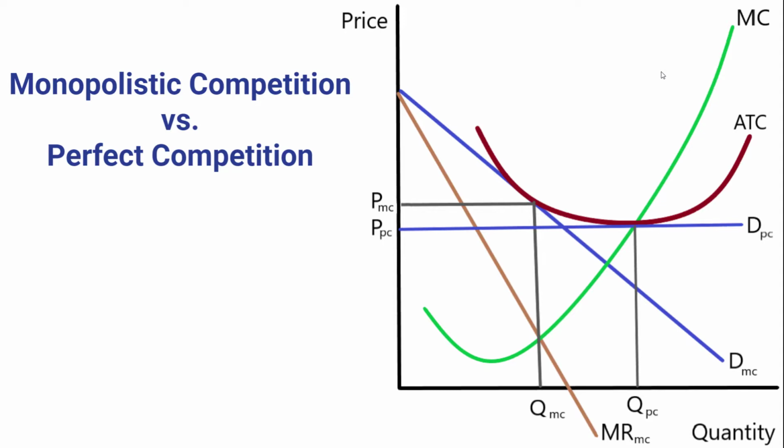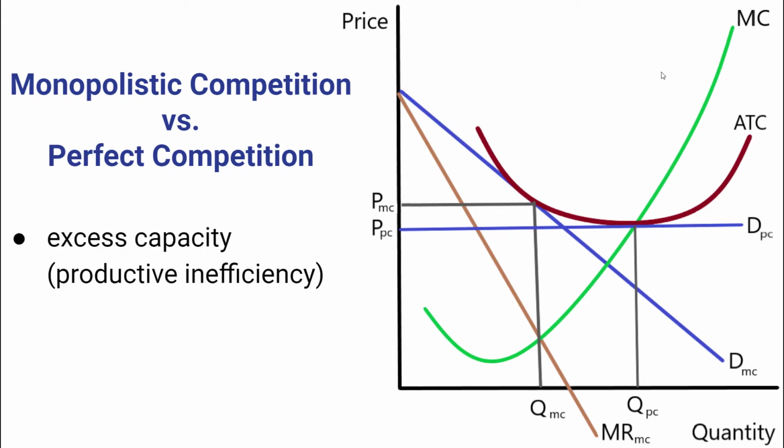What that means is there's some excess capacity. If the firm produced more output, its cost per unit would be lower. So it's capable of producing more output at a lower cost per unit. And that's essentially a loss of productive efficiency. So we see that monopolistically competitive firms experience inefficient production. The cost of producing output is higher in a monopolistically competitive industry.